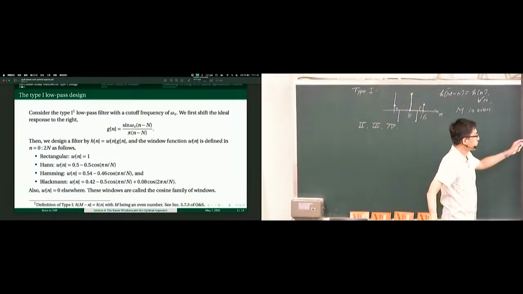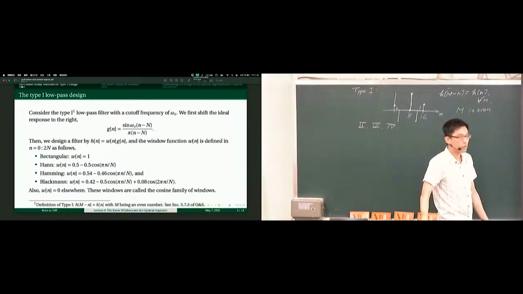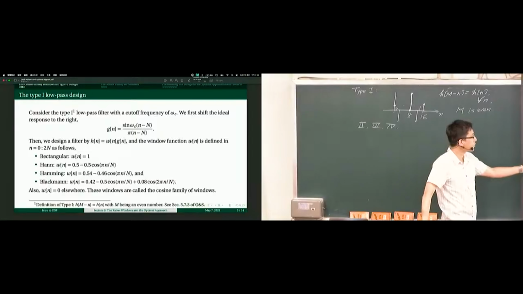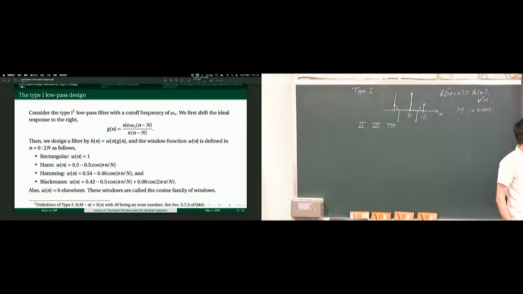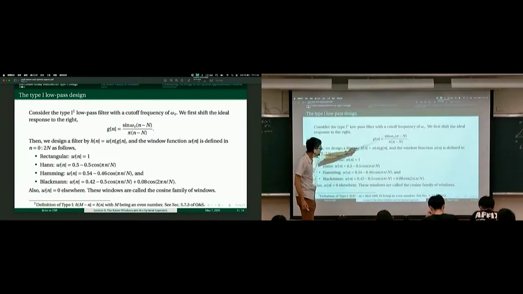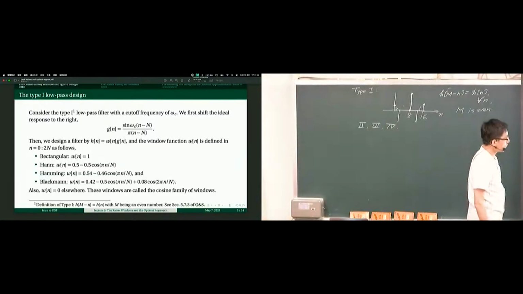So I want to spend some time to summarize that. If we stick to this definition and we require our design to be Type 1, just again using the low-pass filter design as an example, the ideal response, I suggest that we shift the ideal response, the sinc function, to the right by so many samples first.